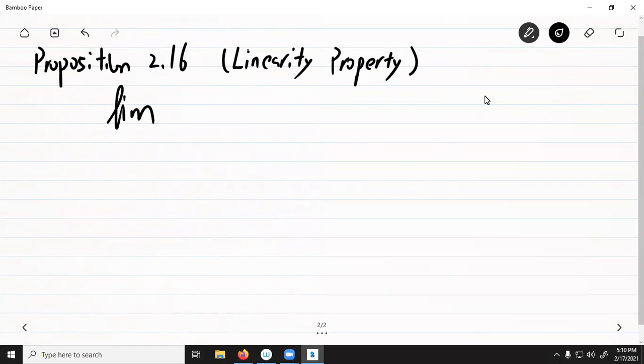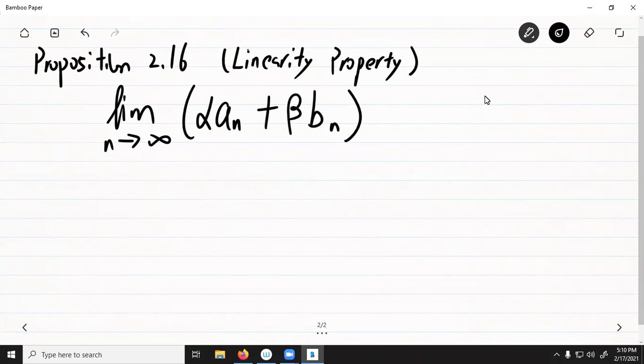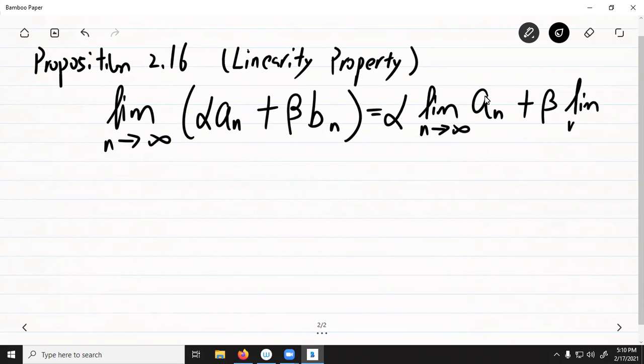This says the limit as n approaches infinity of alpha a_n plus beta b_n is equal to alpha times the limit as n approaches infinity of a_n plus beta times the limit of b_n. Okay, so we can use the sum and the product properties to prove this one quickly.